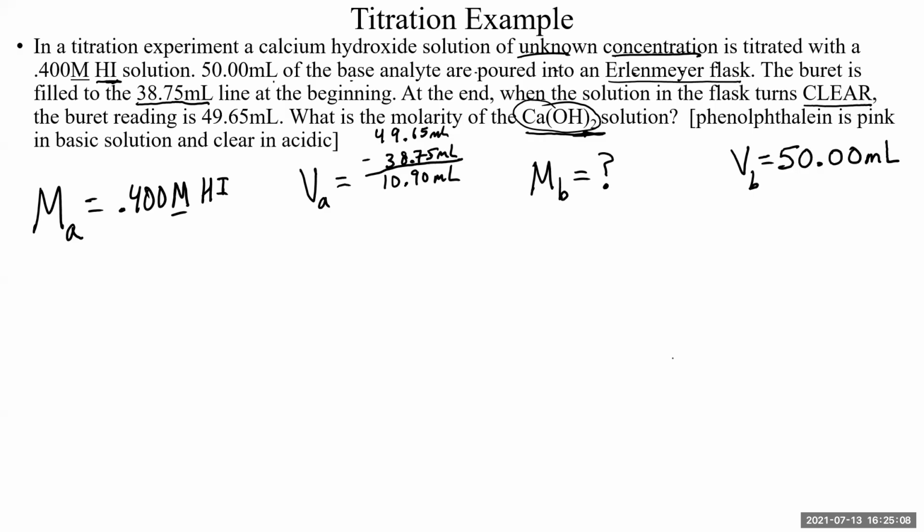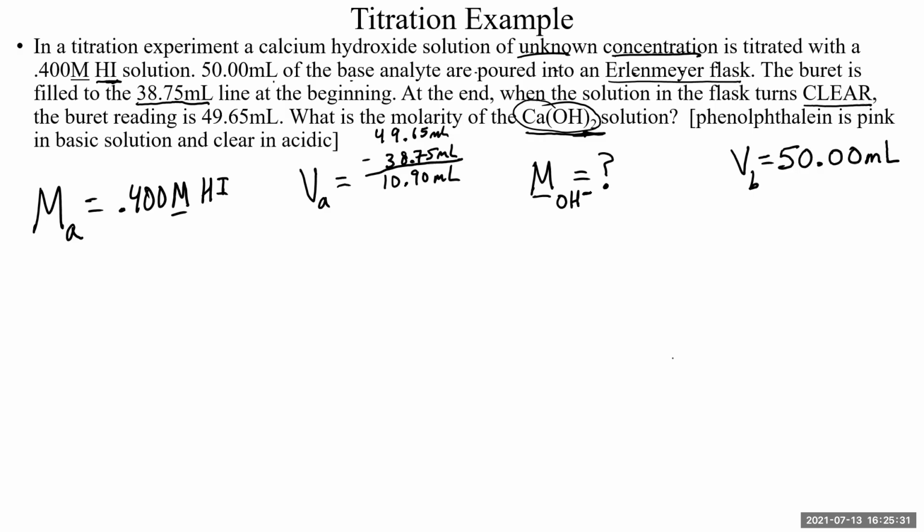Now there is going to be a little wrinkle in our setup. Our final answer is not simply going to be the molarity of the base. Why is that? Because the molarity of the base isn't really the molarity of the base solution. In fact, let's make this more obvious. What I'm really solving for here is the molarity of hydroxide ions.